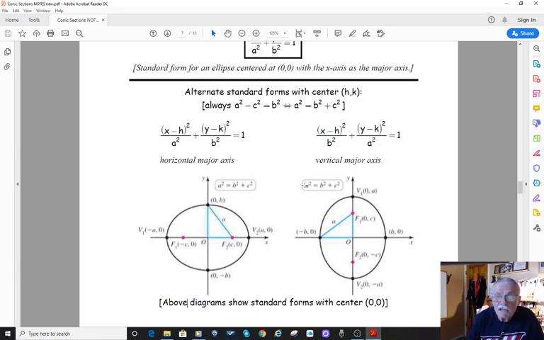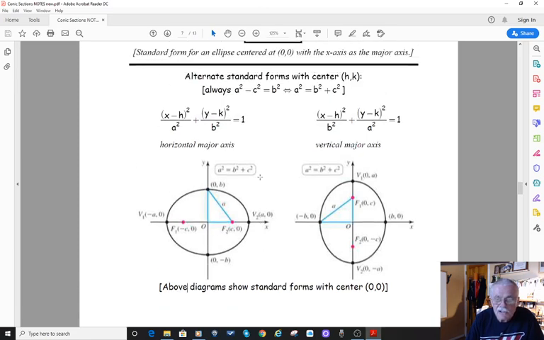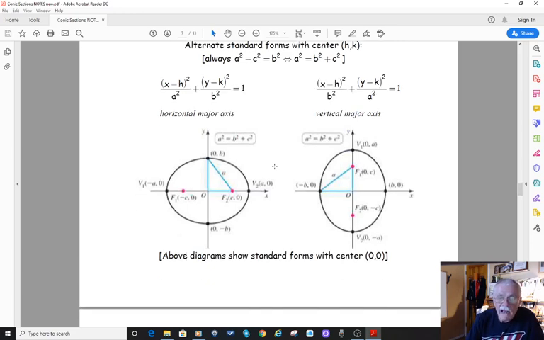Okay, and in each case, a squared equals b squared plus c squared. It's a little out of focus, so it's probably better in the print. Okay, so that's what you need to know. If you understand this, live with it, it will work out.